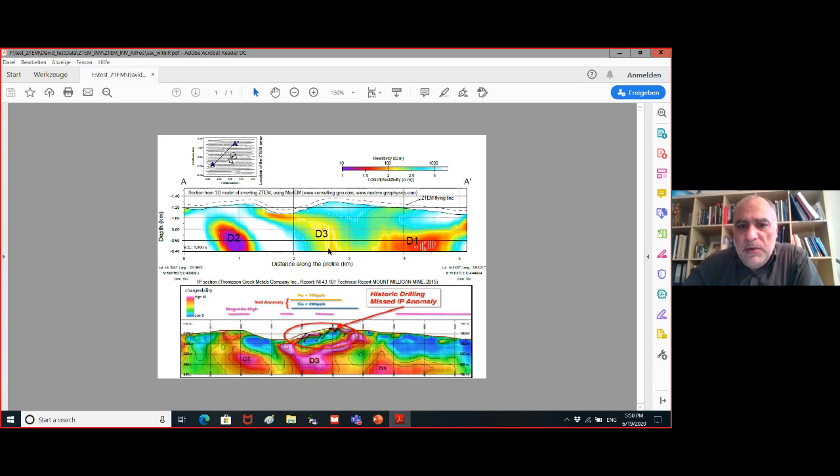We are also able to trace this D3 conductive anomaly, and further to the right of the section at greater depth, at the depth of minus 800 meters, we can see that conductive anomaly here and the chargeability. I have some studies combining MT and ZTEM, but seriously, I cannot show any of them because they are confidential.